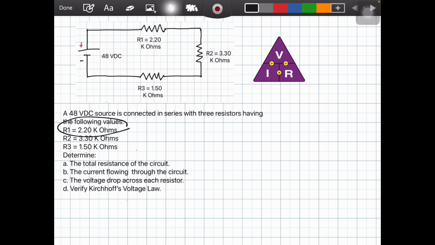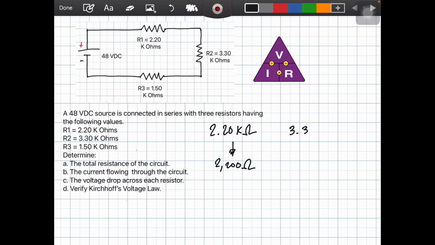K is 1,000, so converting kilo ohms into ohms, that is equivalent to 2,200 ohms.